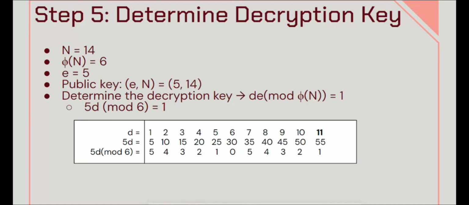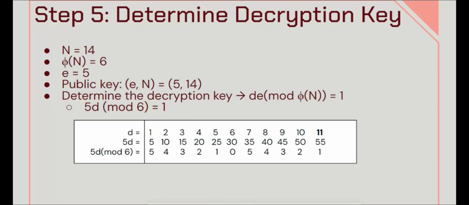Now that we have our encryption key, let's determine the decryption key. The formula to find the decryption key is the decryption key times the value of the encryption key modulus phi of n should equal 1. So we have to get a remainder of 1. Now we know our encryption key's value is 5. So 5d modulus phi of n, which is 6, has to equal 1.